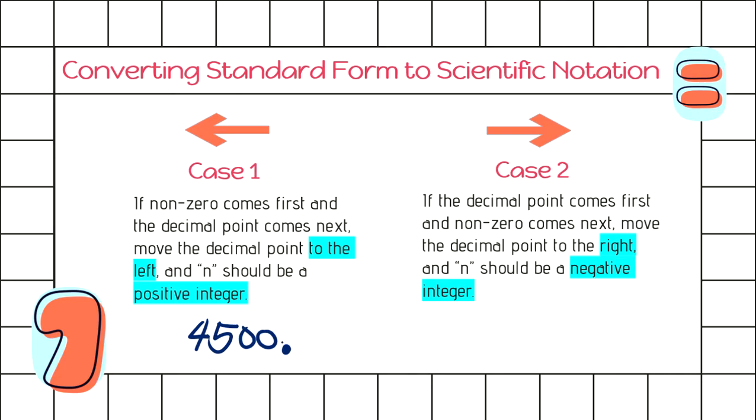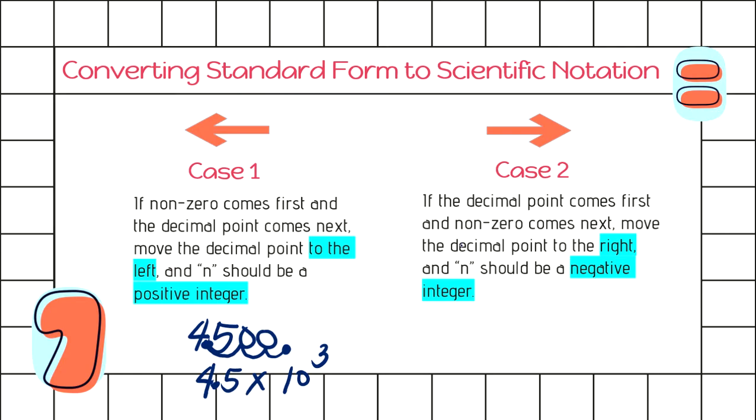Therefore, to convert this, we should move the decimal point to the left side of the given, making sure that the 4 is the last digit. And our n should be a positive integer. To write that, it would be 4.5 times 10 raised to 3.